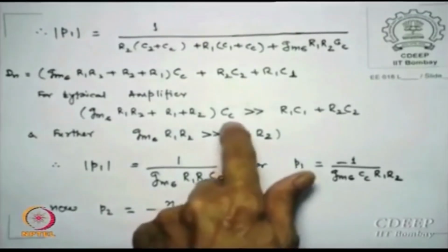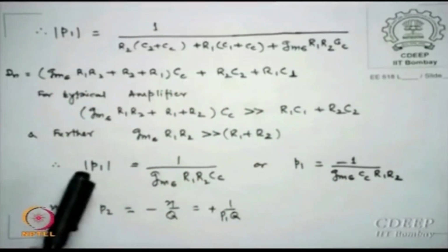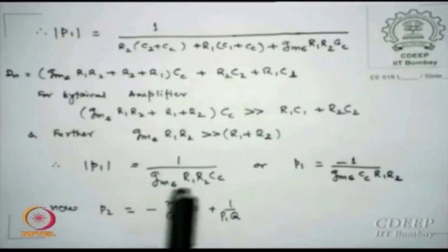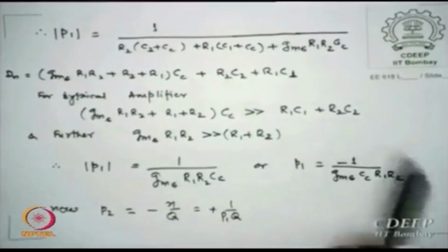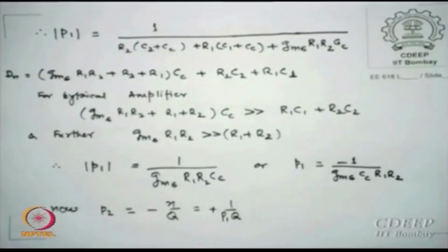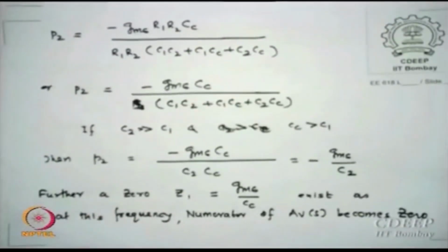I should also say Cc is normally larger than C1 and C2. C2 is larger than everything, but this is larger. So we say the dominant pole will come from GM6 R1 R2 Cc. So this is the dominant pole. The second pole is minus N by Q, or 1 by P1 Q. The first pole is known, and therefore substituting that I get the second pole.